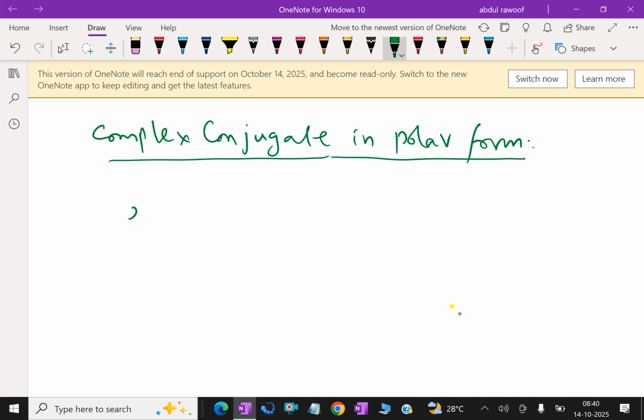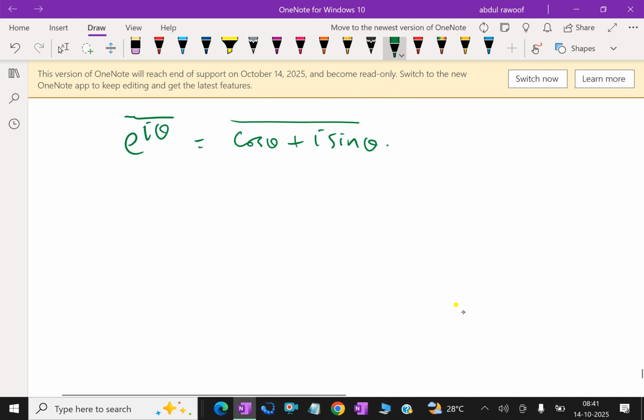Look at here, e power i theta conjugate equal cos theta plus i sin theta conjugate. The conjugate of these things is cos theta minus i sin theta.